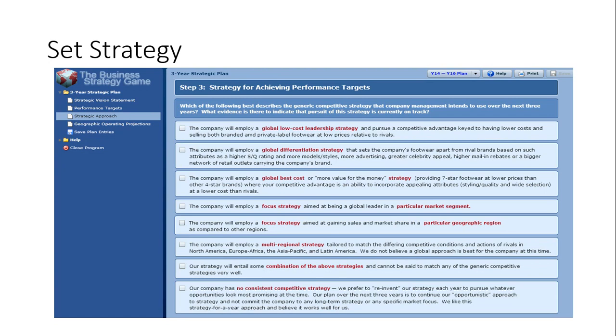Each of the major generic strategies is highlighted on the screen. Take careful consideration and determine which strategy is most effective for your company that matches your vision. So you might want to read through each of them, and if you need to do a little bit more research, it provides you with the actual title of the strategy for you to look up.